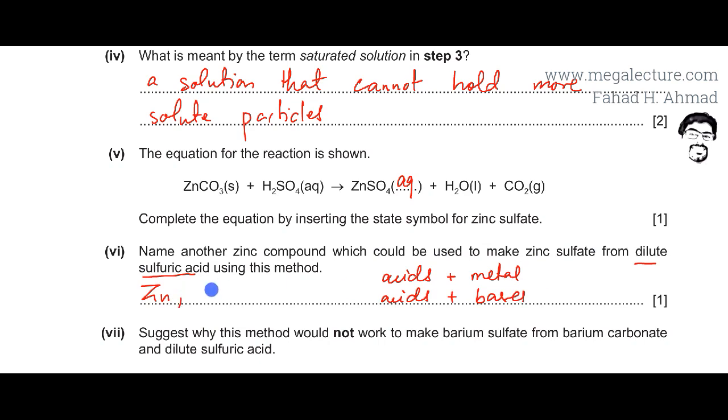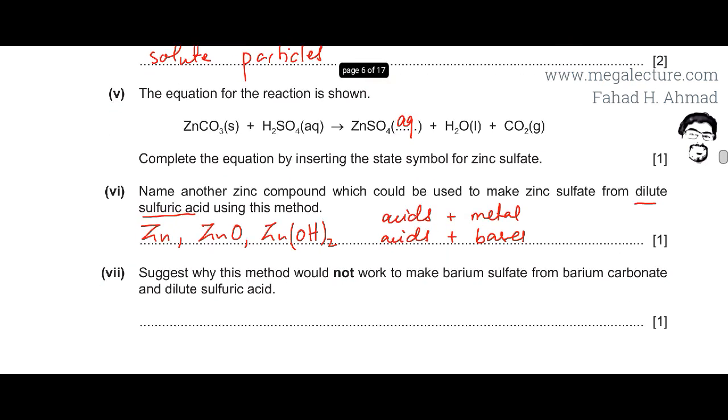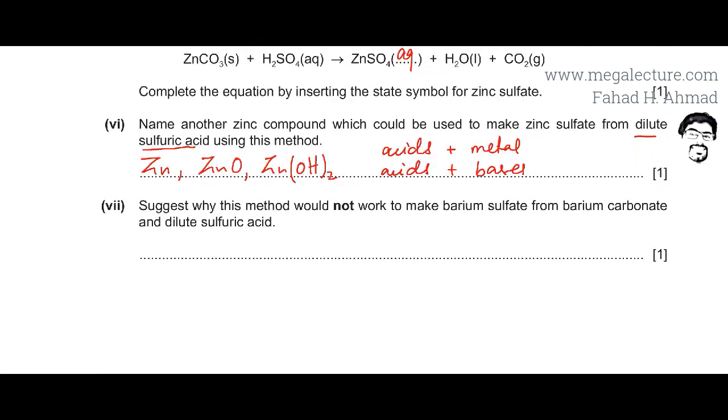Bases are metal oxides or metal hydroxides, so you can talk about zinc oxide, or you can talk about zinc hydroxide. And in this question, the third compound that is used for producing salts is carbonates, which we've already discussed previously. Carbonates can also be used. But I'm going to remove zinc from the options, because the question was specifically talking about a zinc compound, not zinc itself. So although zinc can be used, it's not a compound, so we're going to go with zinc oxide and zinc hydroxide.